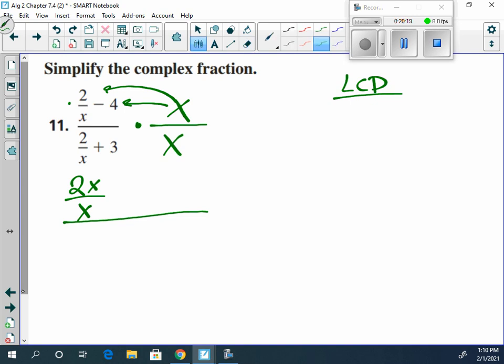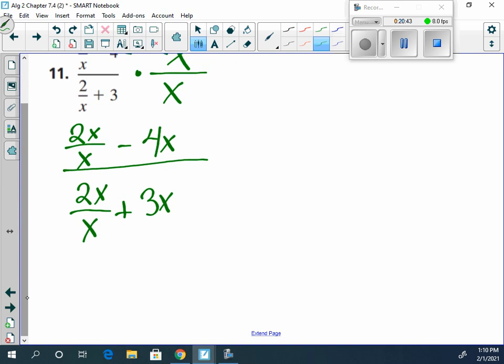Not plus, then it would be minus, well, 4 times x is 4x. On bottom, we'll have 2x over x, because 2 over x times x will be 2x over x, plus 3 times x would be 3x. Any questions on this here so far?